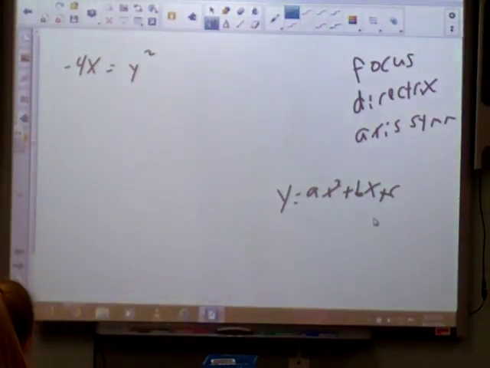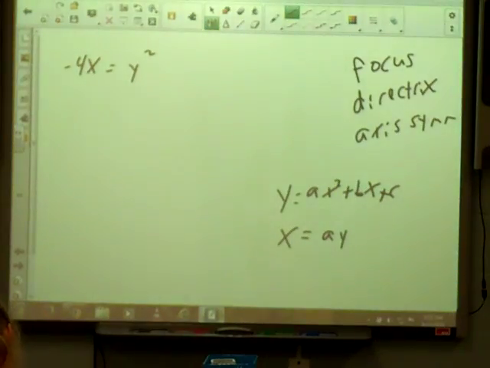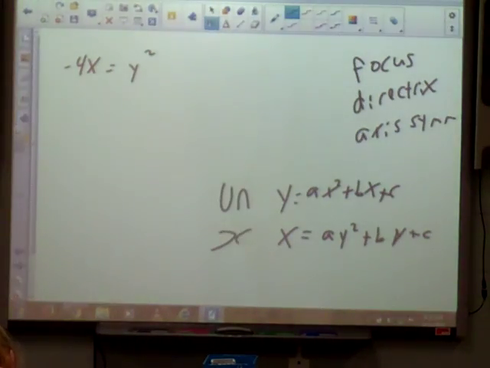But if we have a sideways parabola, our standard form is x equals ay squared plus by plus c. That's the difference between a normal one and a sideways one. What I first catch here is that my y is squared. Y squared means it's going to be a sideways one. Everybody with me on that?